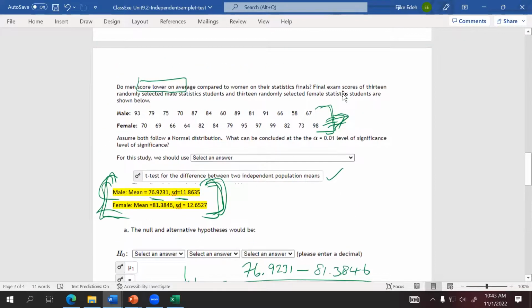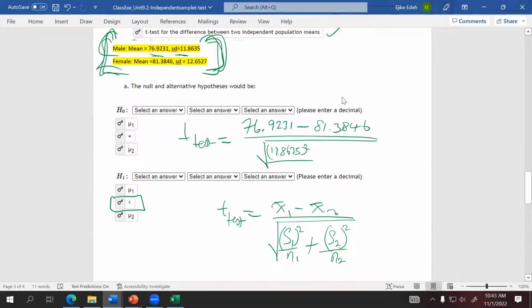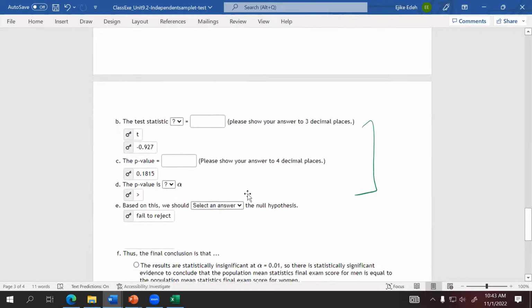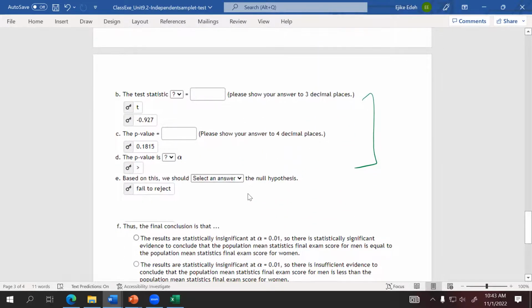In this question, we are told 13 was randomly selected for both male and female, so you have 13 here. Plus the same thing here, 12.6527 raised to the power of 2 divided by 13 also, right? So if we simplify that, and we walked through that just a moment ago, if you simplify that carefully, you should be able to match this answer, right?